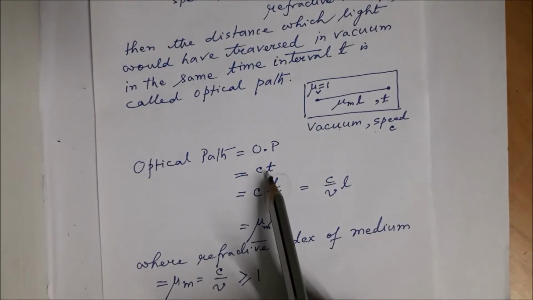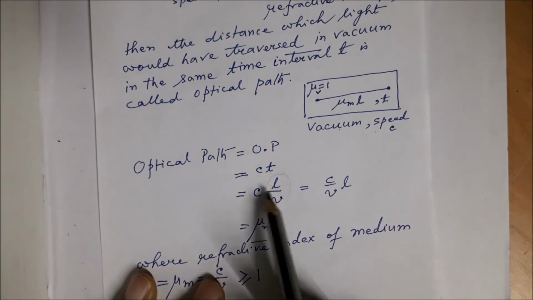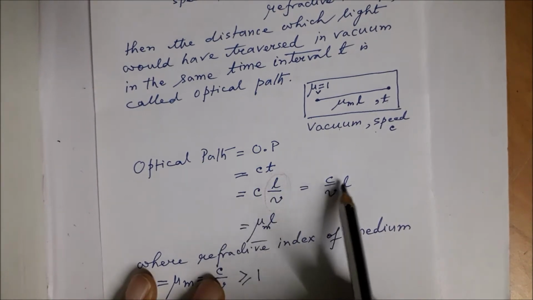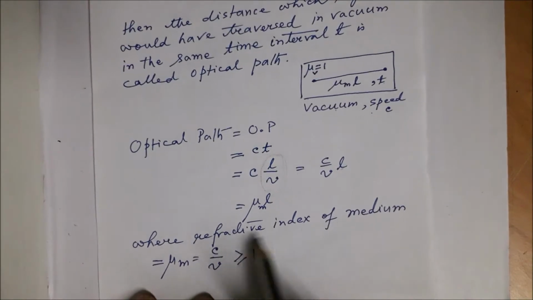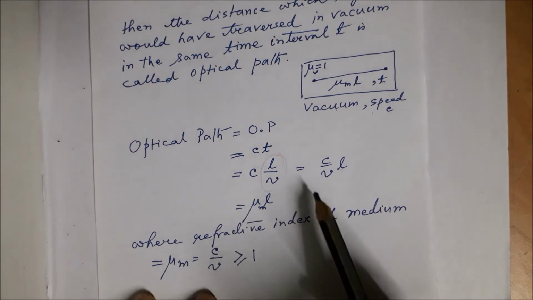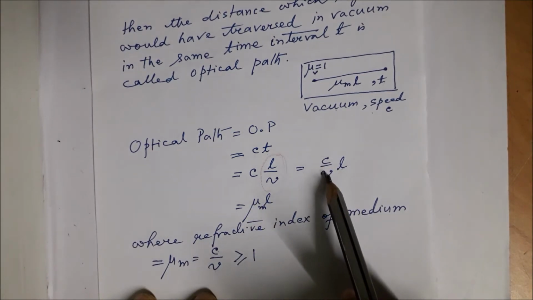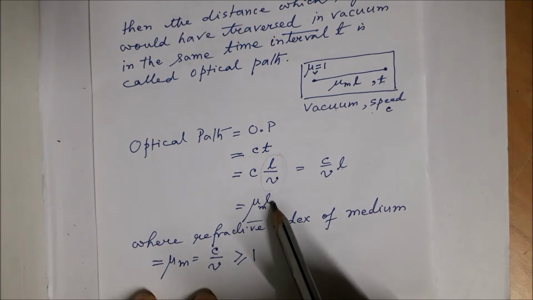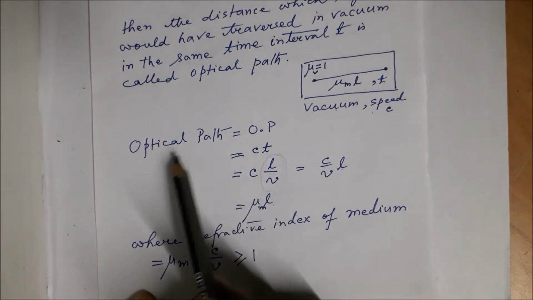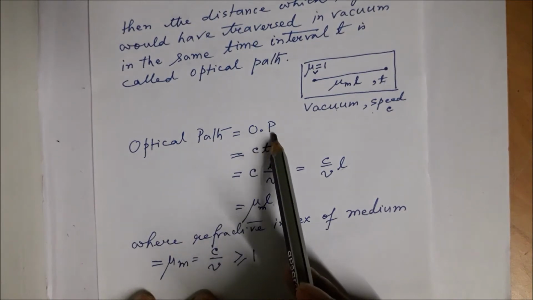So we have t equal to L by v, and therefore we can rewrite it as c by v into L, and define refractive index of medium as ratio of speeds of light in vacuum and in a medium, and therefore we end up with μm equal to c by v multiplied by L, and this is called optical path, which is abbreviated often as O.P.